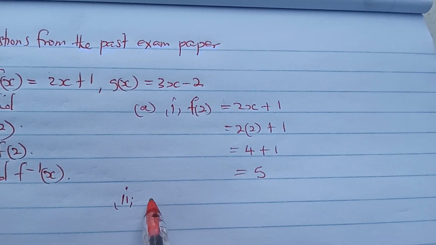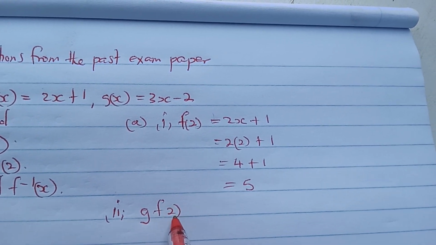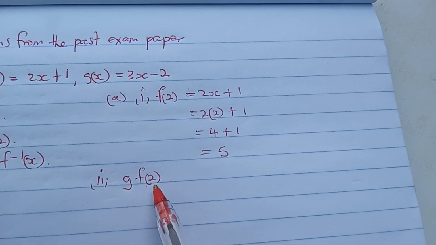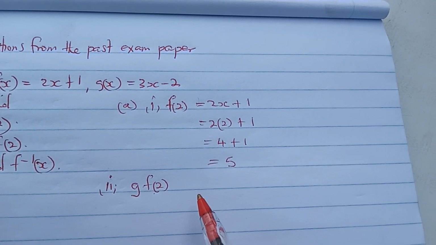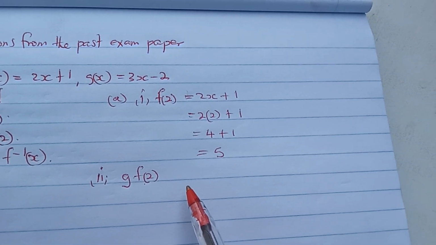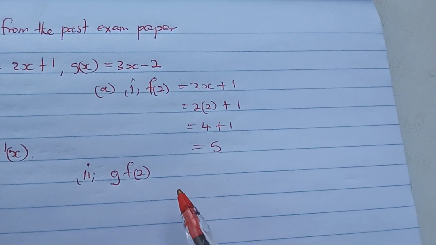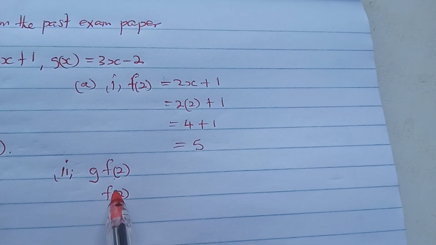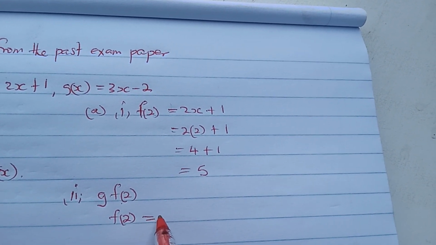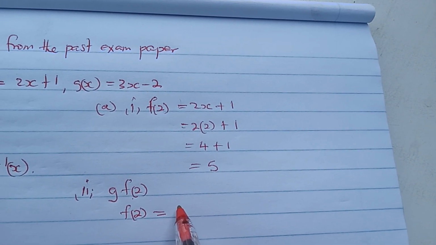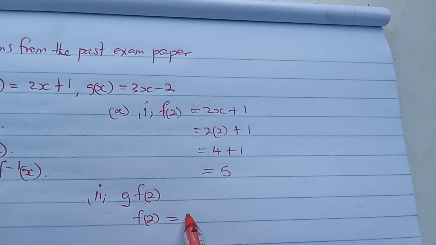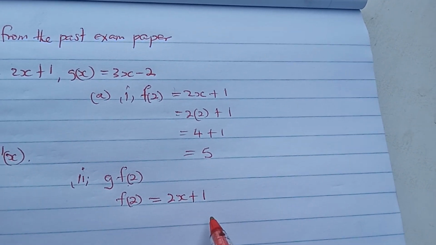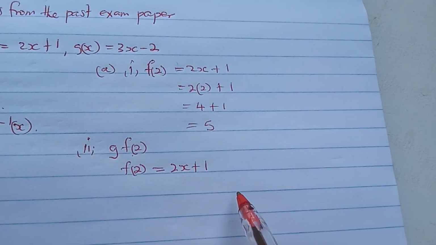Roman figure 2, we have g(f(2)). We have to find g(f(2)). So for this one, guys, we always have to start from the back. It's g(f(2)), so we first start with f. We write f(2) equals 2x plus 1.